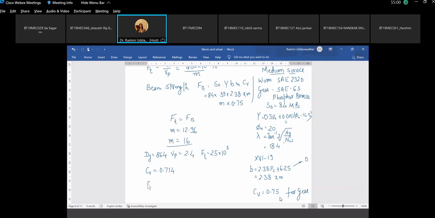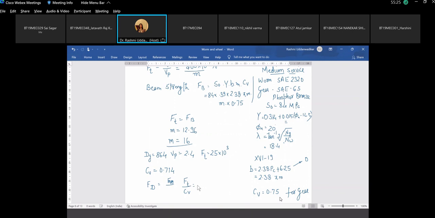So we'll be taking the FD value directly as FT by CV, the static load upon CV, where CV is 0.714.